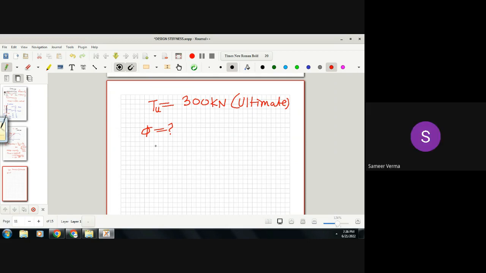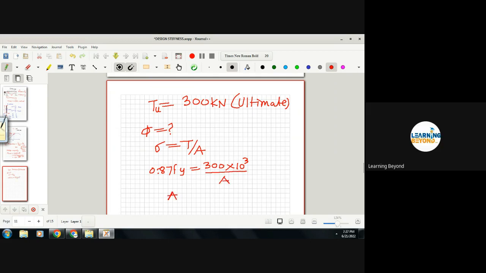Firstly, stress is equal to tension upon area. Now this stress is the permissible stress, 0.87 into 500, in Newton per mm square. So 0.87 into 500 equals 300 into 1000 divided by the area, which is unknown to me.